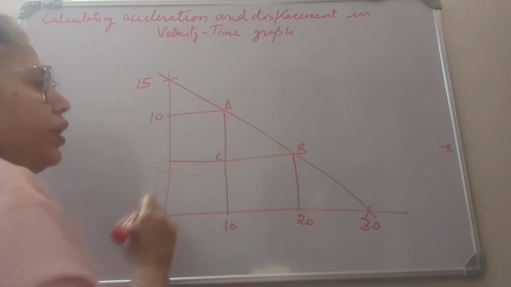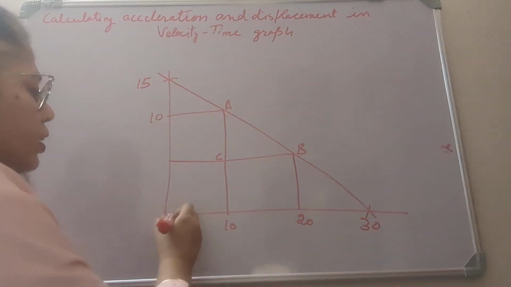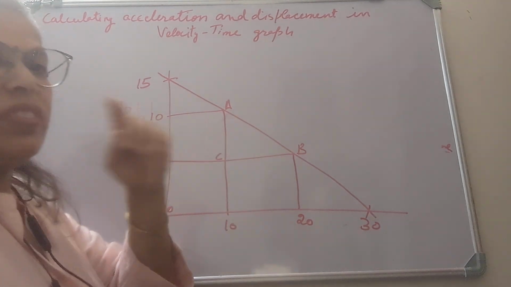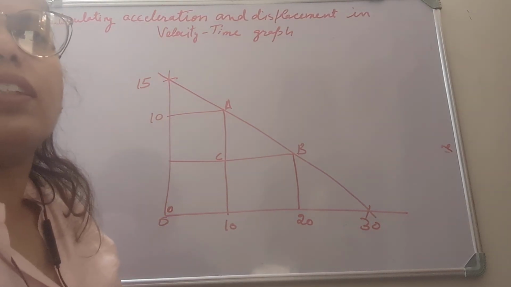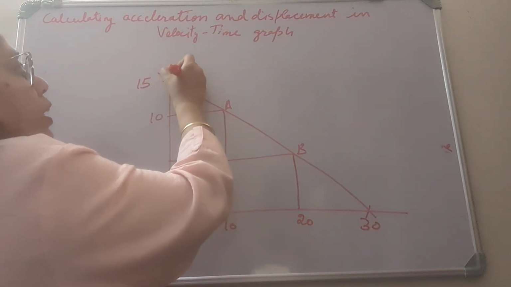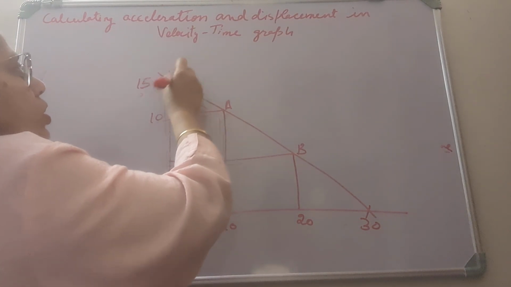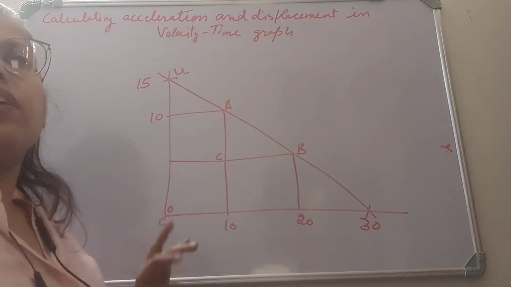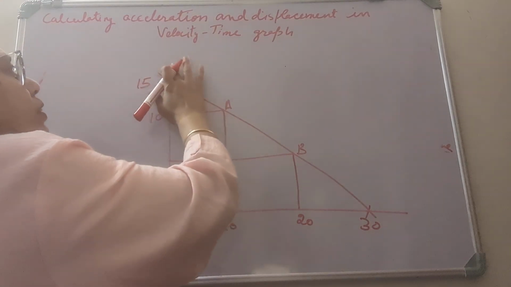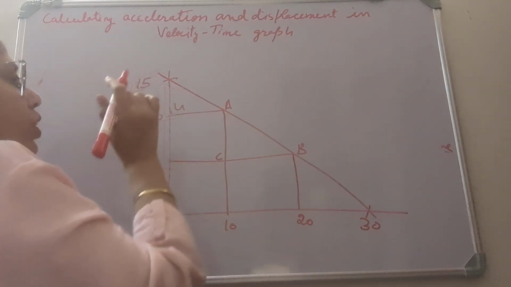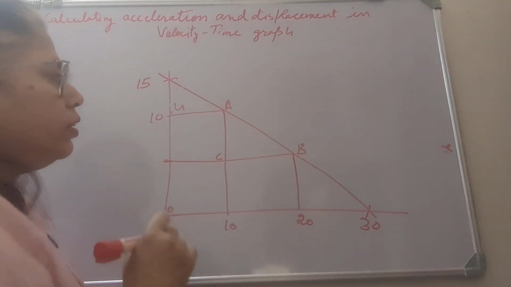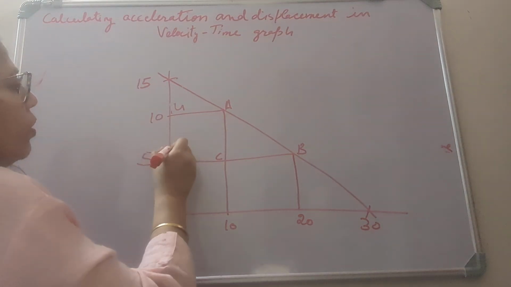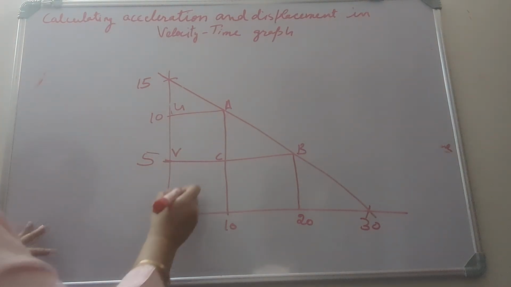And this is our point C and this is our point O. Up here, this is my initial velocity. Sorry, it's not 15, it is 10. 10 is our initial velocity, and here our final velocity is 5. 5 is our final velocity.